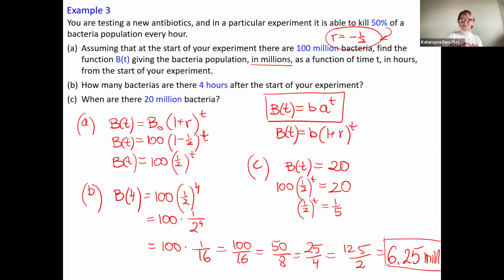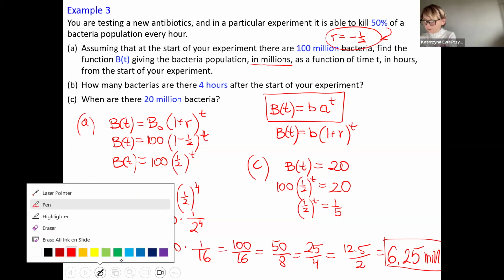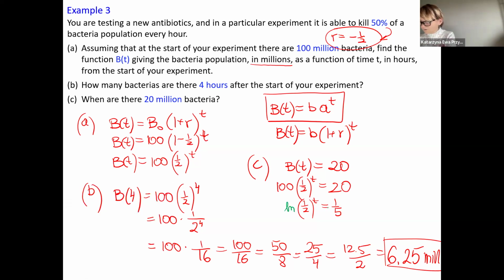And then we have to take the natural log. Do I have room? I don't have room. Let me write here. When we take the natural log of both sides, let's see what happens. We will have the natural log of 1/2 to the power of t equals the natural log of 1/5.